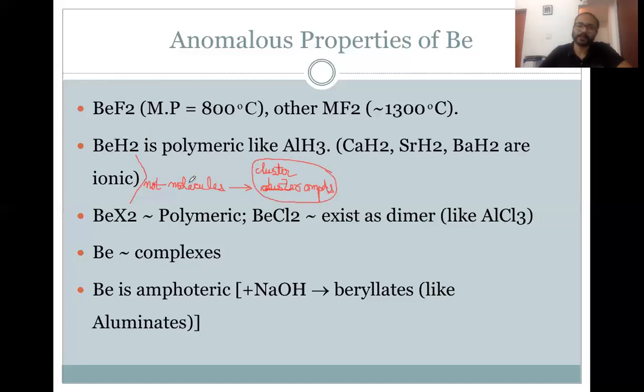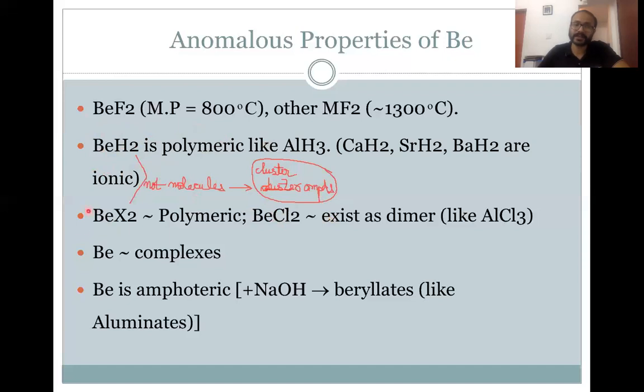Cluster compounds are formed when the molecule is not able to complete its octet, that is, when it is electron deficient. In such cases, these molecules come together to form a kind of polymeric bonding, and such compounds are called cluster compounds.